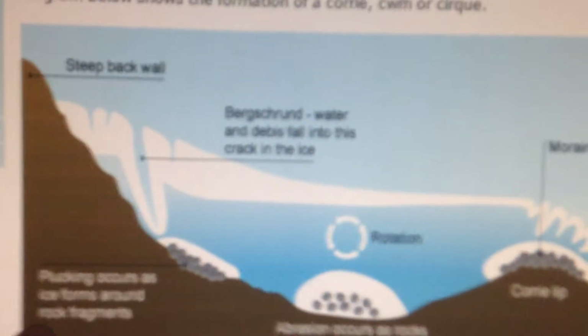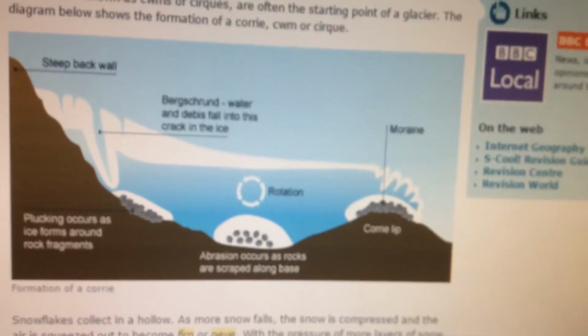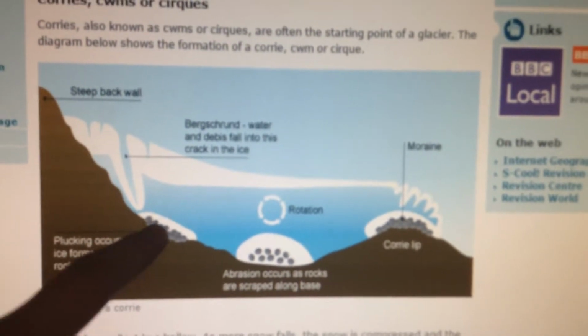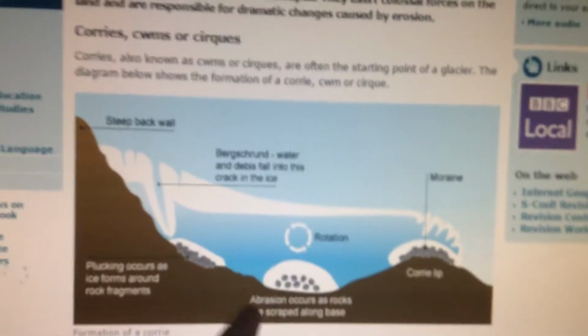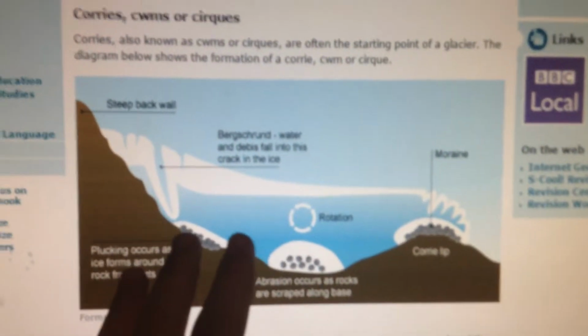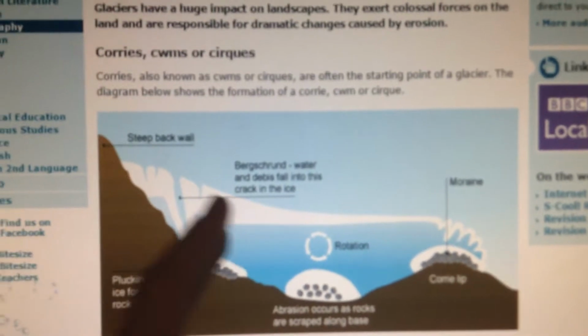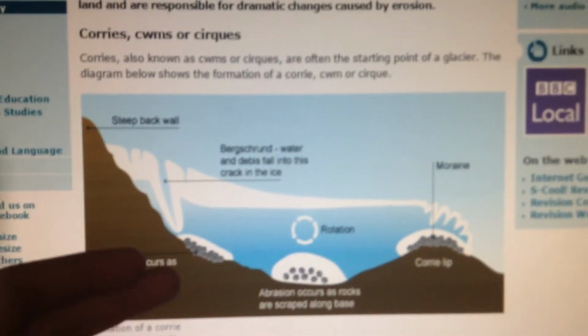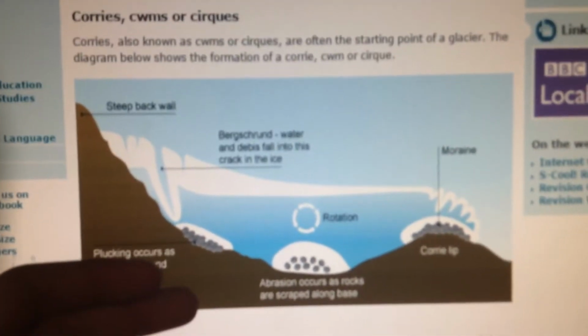Now, you can see plucking occurs as ice forms around fragments. So right here, the plucking occurs. And you can kind of see where the ice is going. Now abrasion also happens beneath the glacier, and it slowly scrapes away the rock just like sandpaper would.